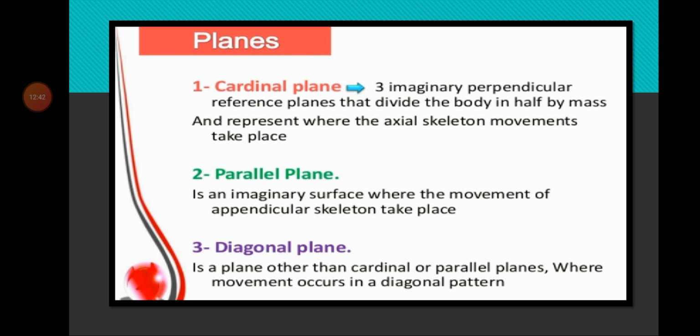The second one, parallel plane. It is an imaginary surface where the movement of the appendicular skeleton takes place. The third one, diagonal plane. It is a plane other than cardinal or parallel plane where movement occurs in a diagonal pattern.